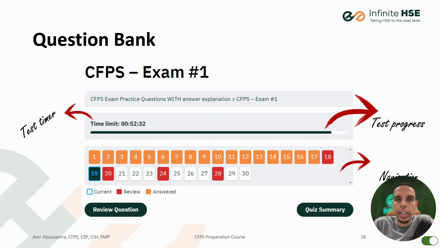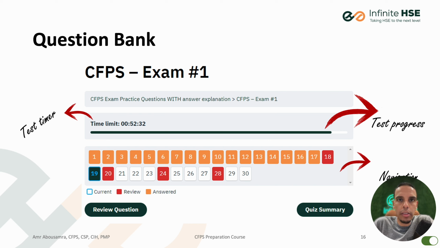But in our CFPS question bank, all of this is calculated automatically while you are answering the questions. So you will practice time management. You will also practice how to get the information from the Fire Protection Handbook.